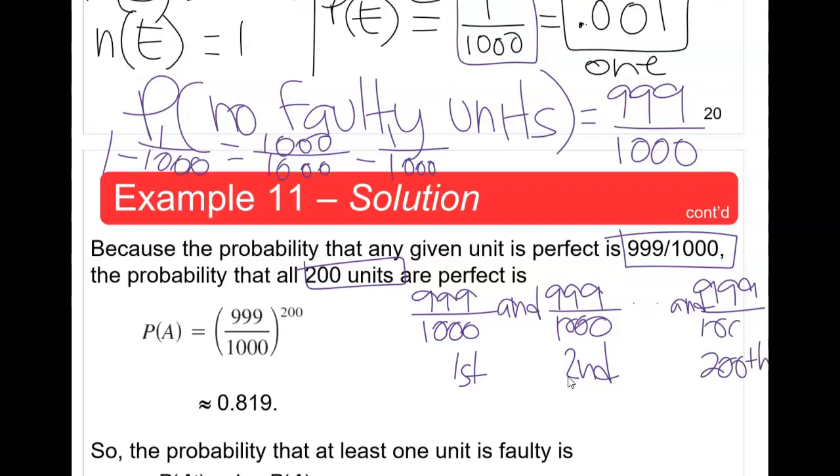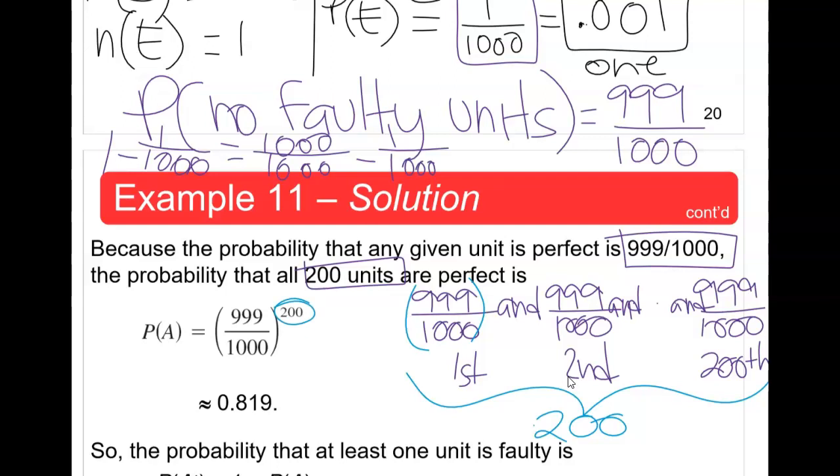We want it to also be non-defective. So we have a good chance of that. To calculate how many times we have to multiply, we have to consider how many units we're talking about, and we're talking about 200 units. So we will be multiplying that fraction by itself another 199 times, or 200 times total. So it's the same as using the exponent of 200.